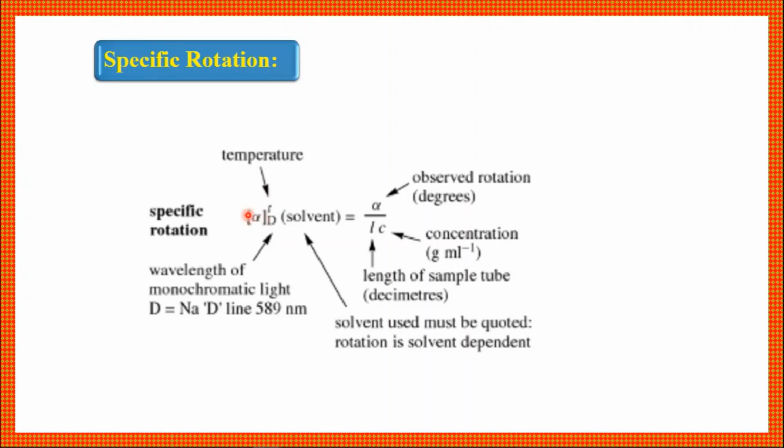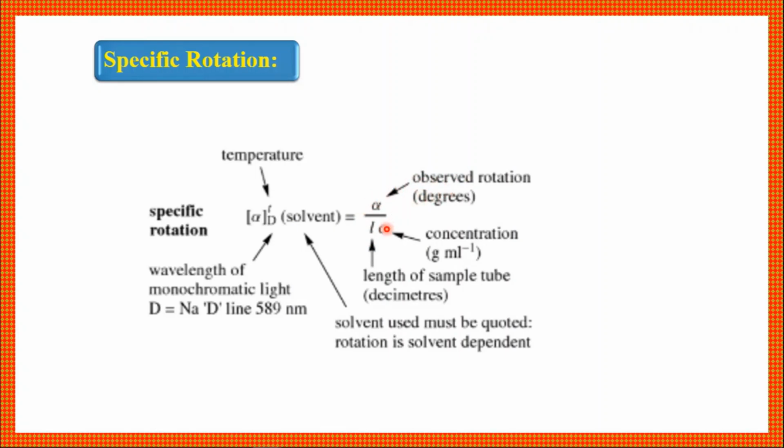So this alpha, specific rotation at T, D, solvent, is equal to alpha upon L and C. So this alpha means observed rotation, whatever observed rotation you get in degrees.